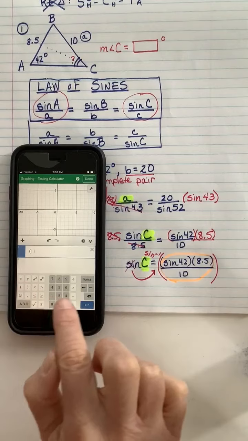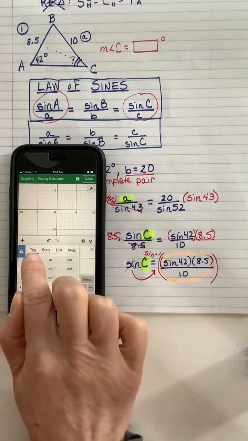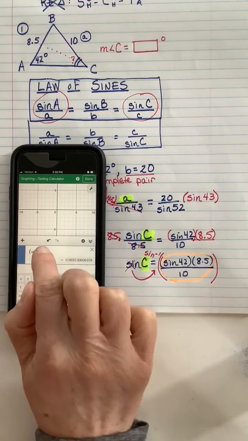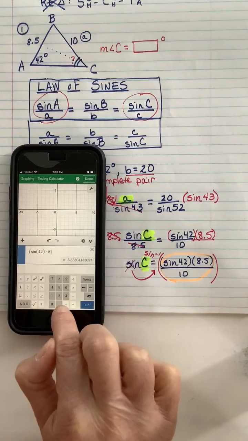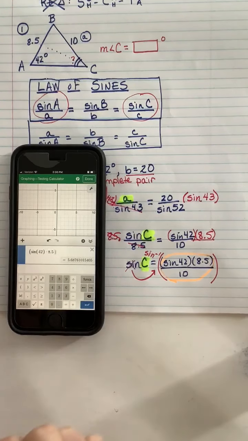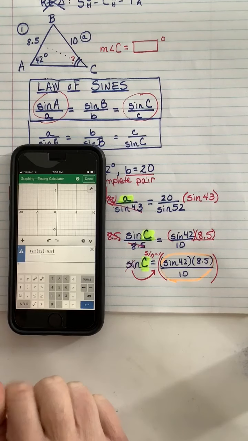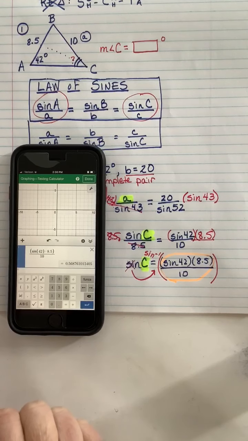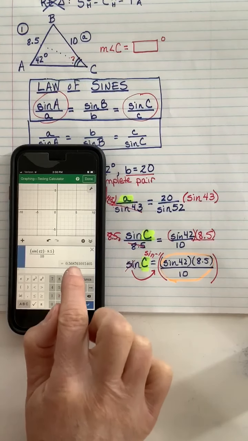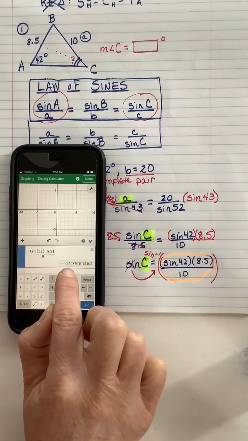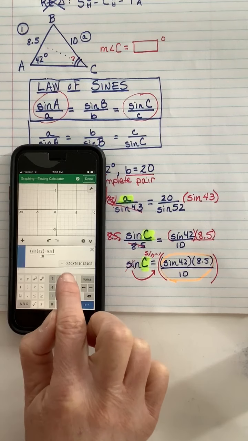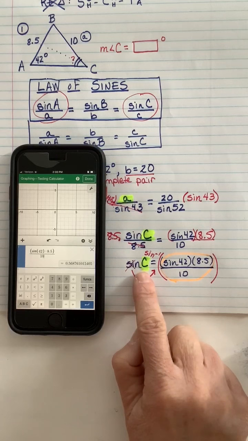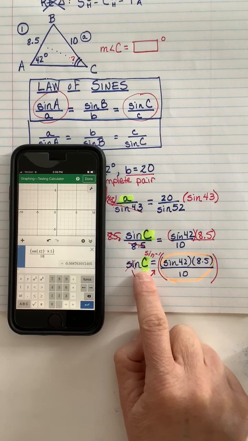So I'm going to input sine of 42 times 8.5. Okay, there's my numerator, sine of 42 times 8.5. I'm going to divide the whole thing by 10, and this is going to take some practice. Now, I've got 0.56876. This is not an adequate angle measure. I know that that's not going to be the answer.